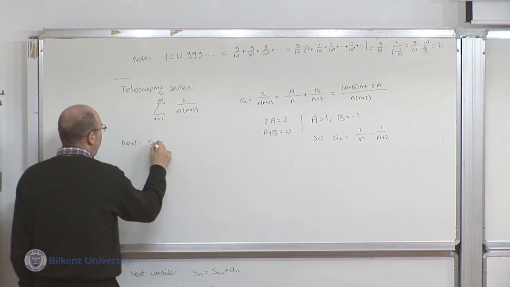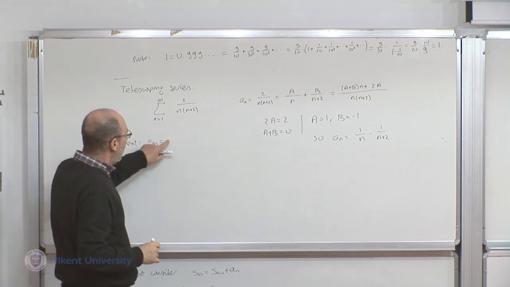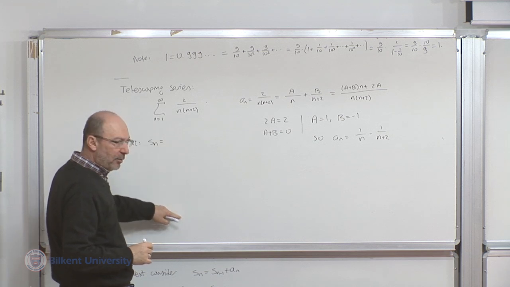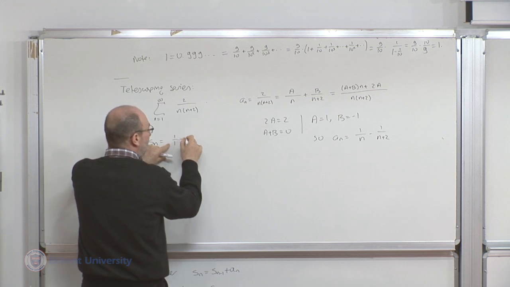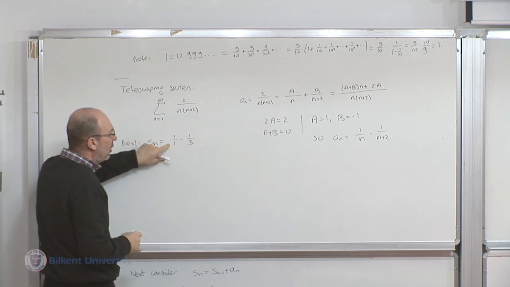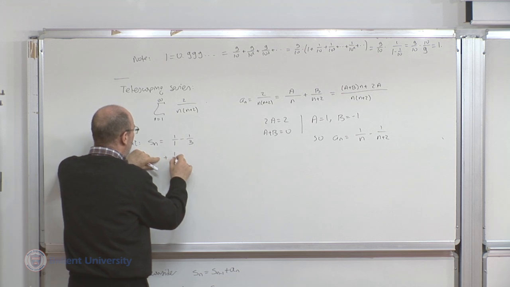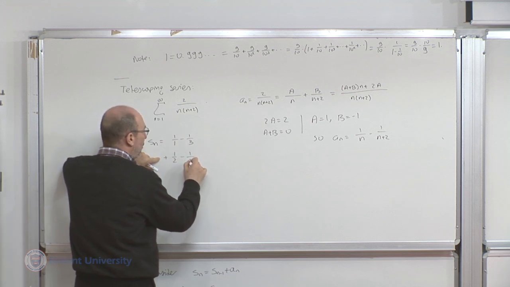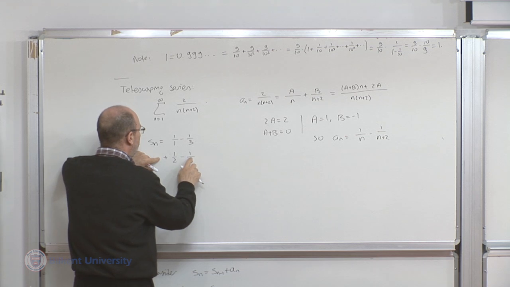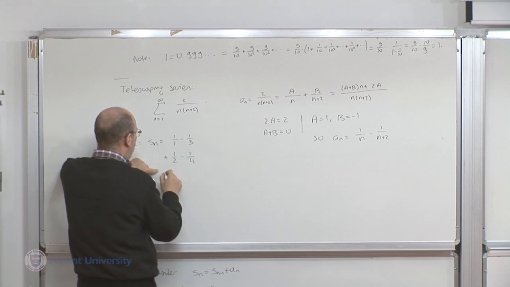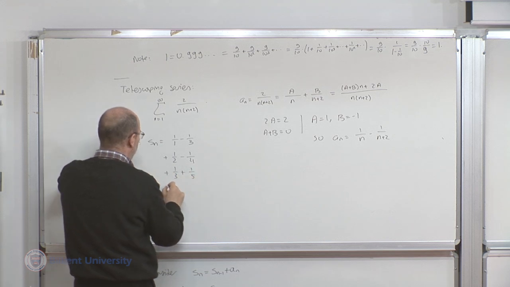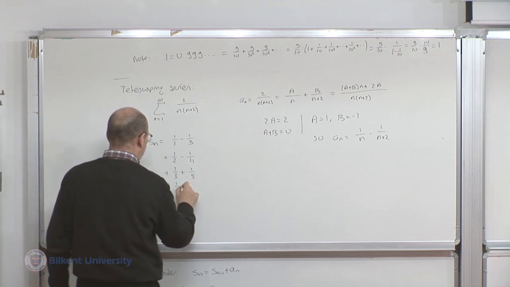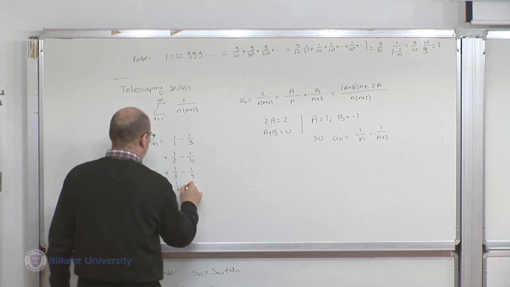Next we write S_n. S_n is equal to a_1 plus a_2. I'll write them one under the other. a_1 is equal to 1 over 1 minus 1 over 3. a_2 is 1 over 2 minus 1 over 4. Plus a_3, 1 over 3 minus 1 over 5. Let me write one more here, 1 over 4 minus 1 over 6. Then I'll have lots of things.